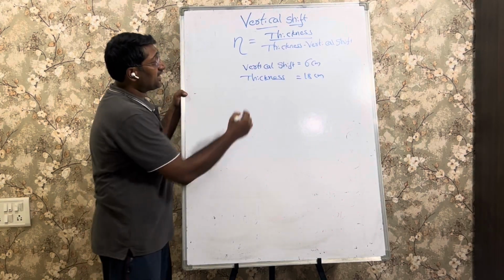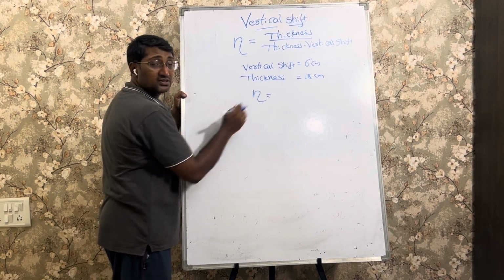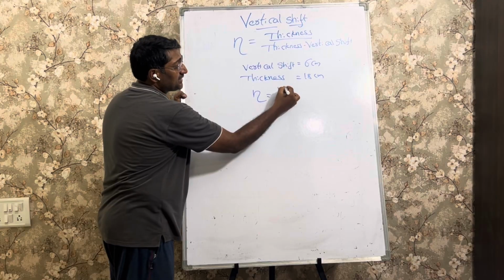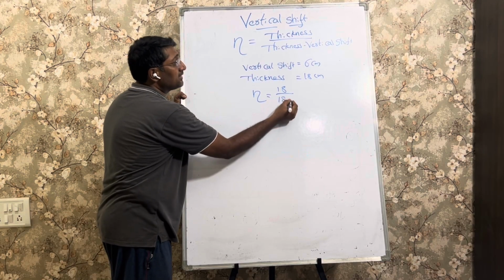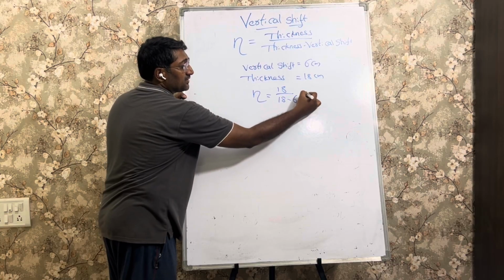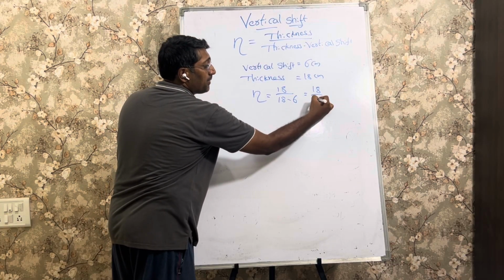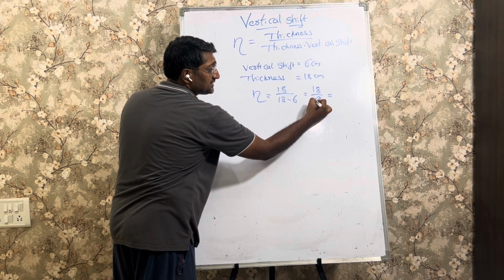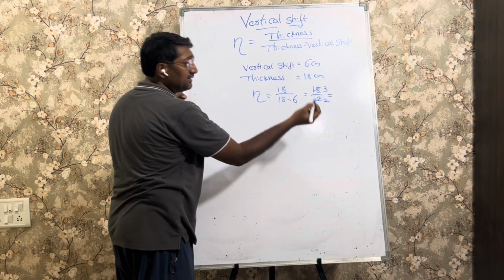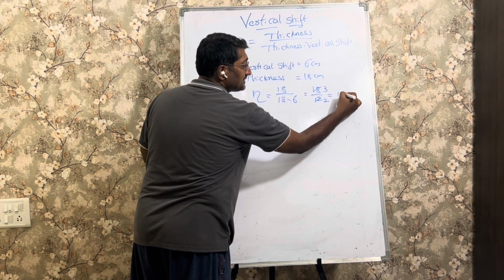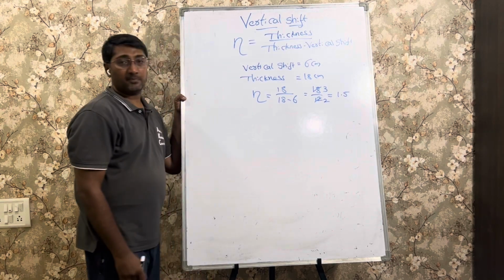Let's substitute these values in the formula. Refractive index is thickness divided by thickness minus vertical shift, that is 18 divided by 12, which is 18 by 12. 6 times 2 is 12, 6 times 3 is 18, 3 by 2 is exactly 1.5.